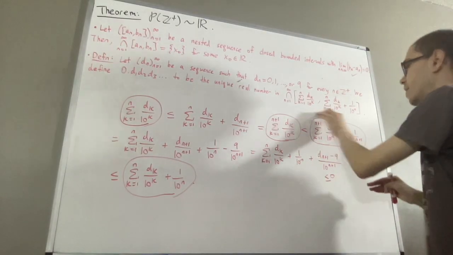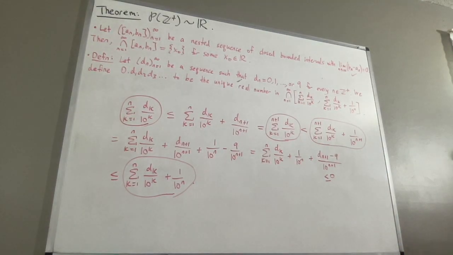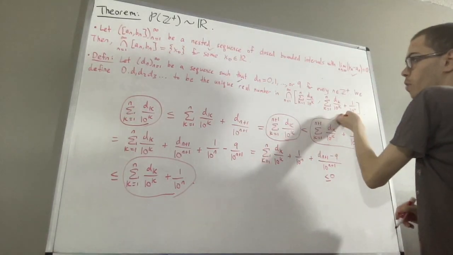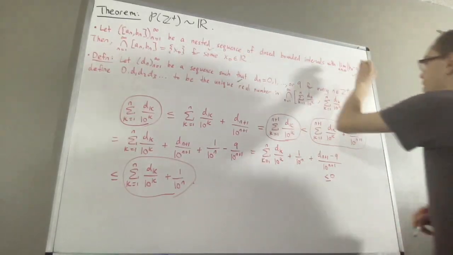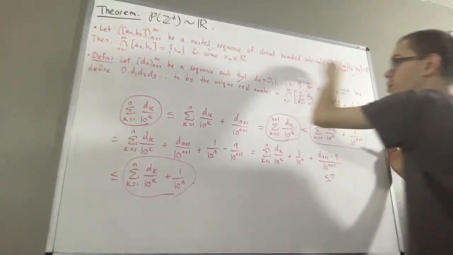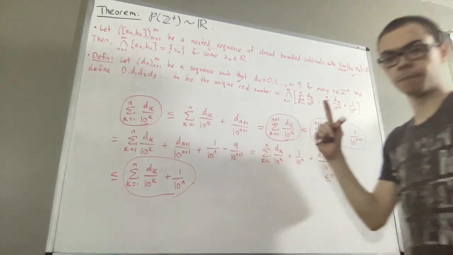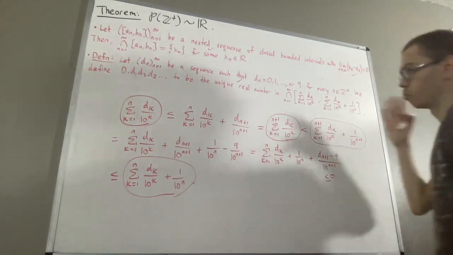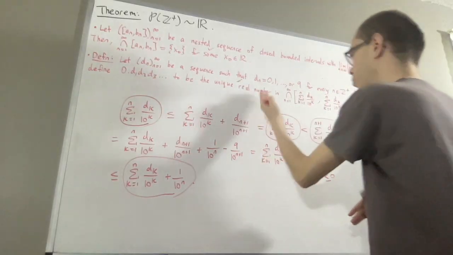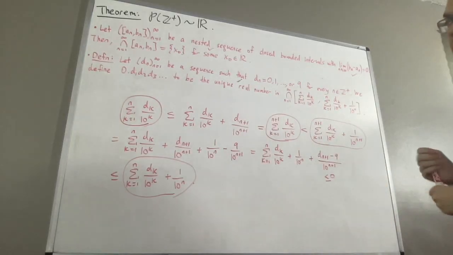So this is a nested sequence of closed bounded intervals, right? So we satisfy this condition as well. Because our sequence of closed bounded intervals is both nested and the limit of the difference of the endpoints converges to 0, well then according to this result, the intersection of these intervals contains exactly one real number. So it makes sense. We will define 0.d1 d2 d3 ... to be the unique real number in every single one of these closed bounded intervals.